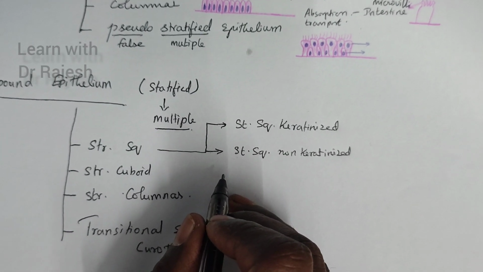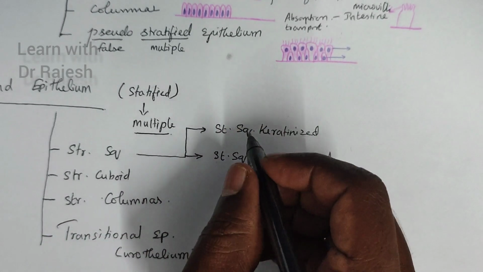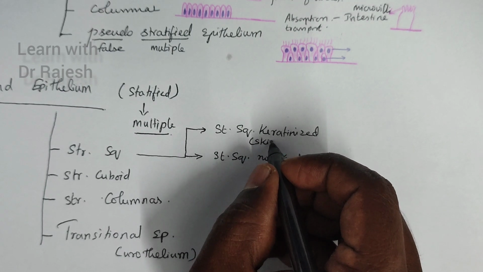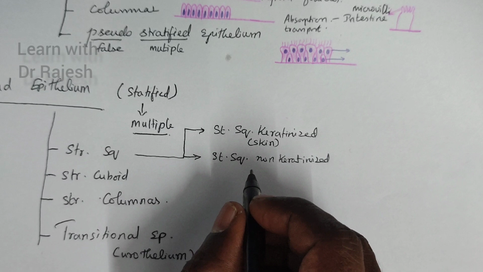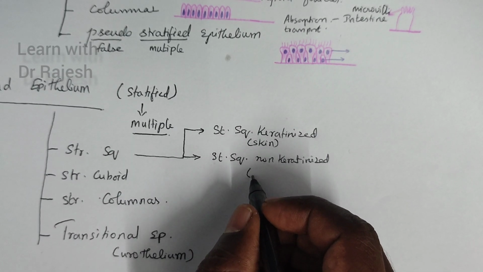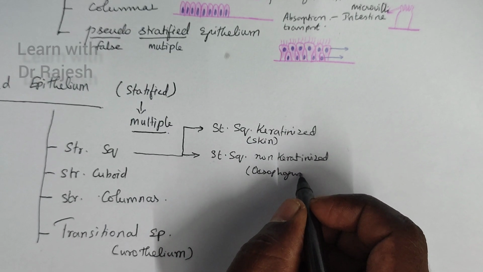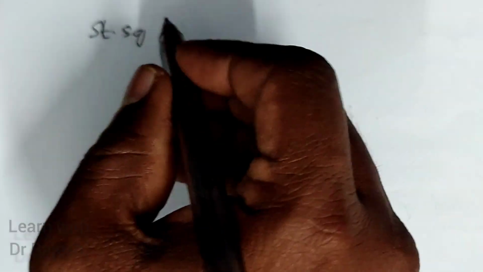So this keratin layer is a protective layer. This is mainly present in skin. So stratified squamous keratinized epithelium is present in skin, and stratified squamous non-keratinized epithelium is present in parts of esophagus. Now let's learn how to draw stratified squamous keratinized epithelium.